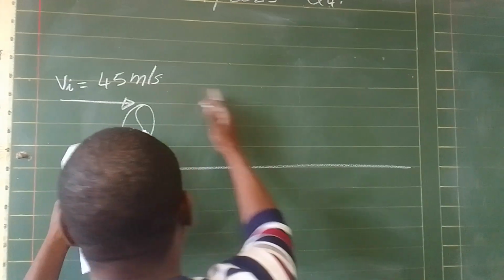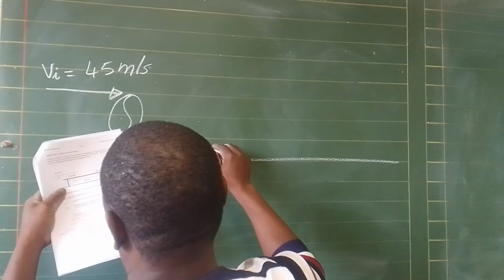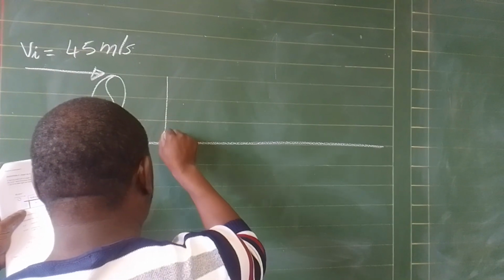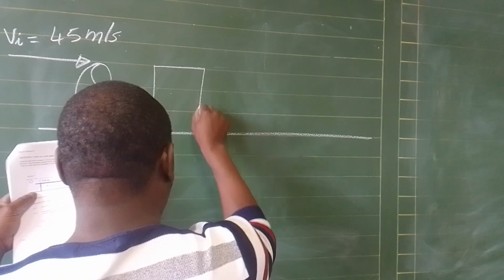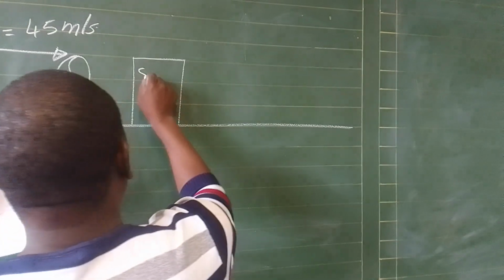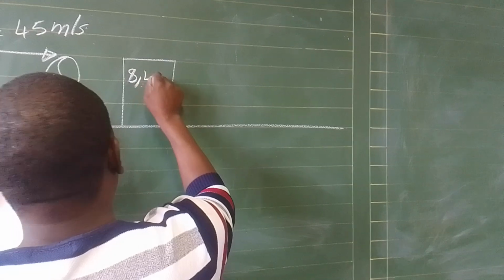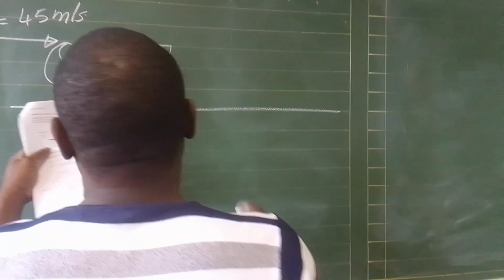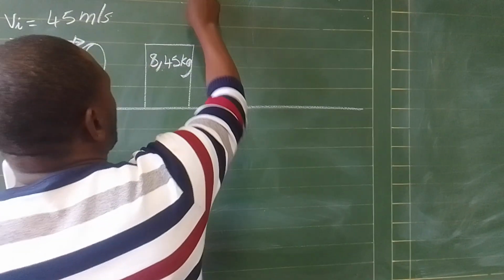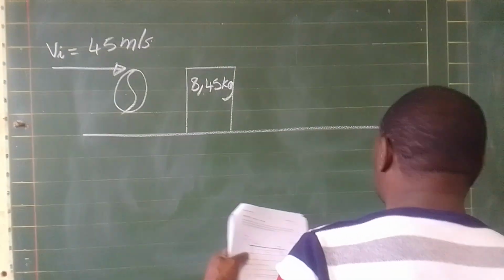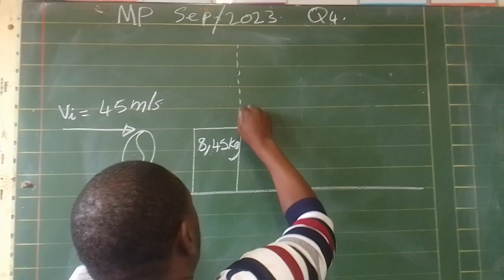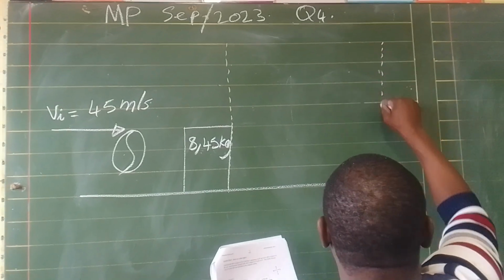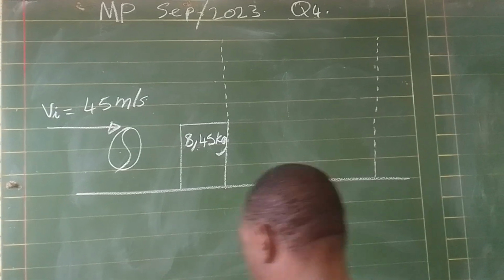It comes to strike, let's see, this is our block. The stationary block of 8.45 kilograms. Then the block starts moving. This is the initial position of the block. Let's say this is the final position of the block.